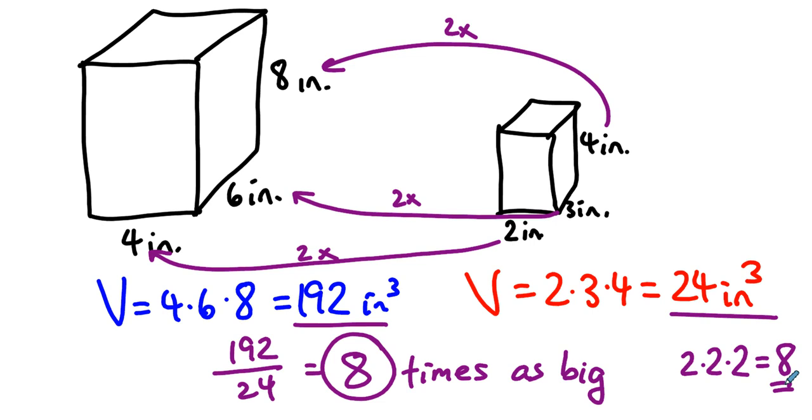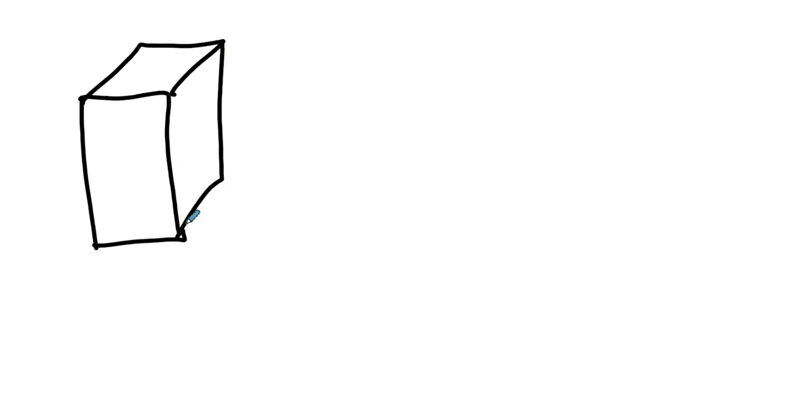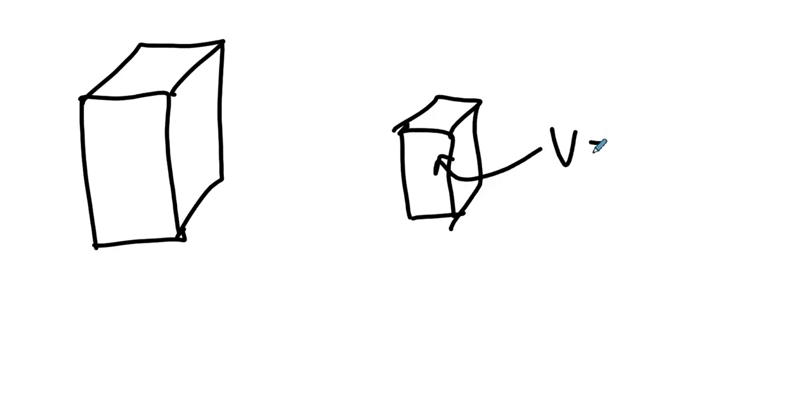So if I tell you that here's some prism and here's some other prism, and this prism has a volume of 2021 cubic inches, whatever its dimensions are, doesn't matter. Its volume is 2021 cubic inches.